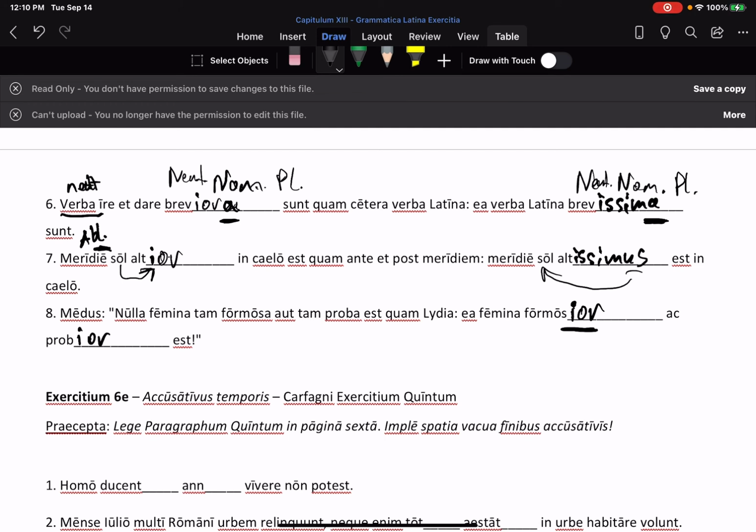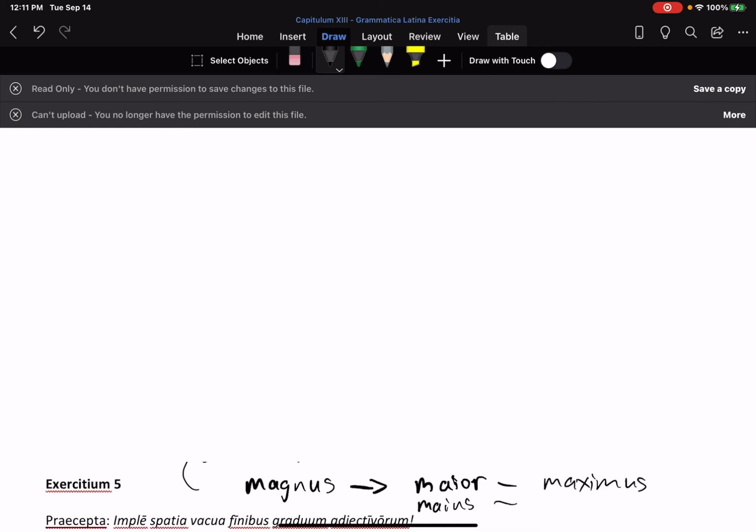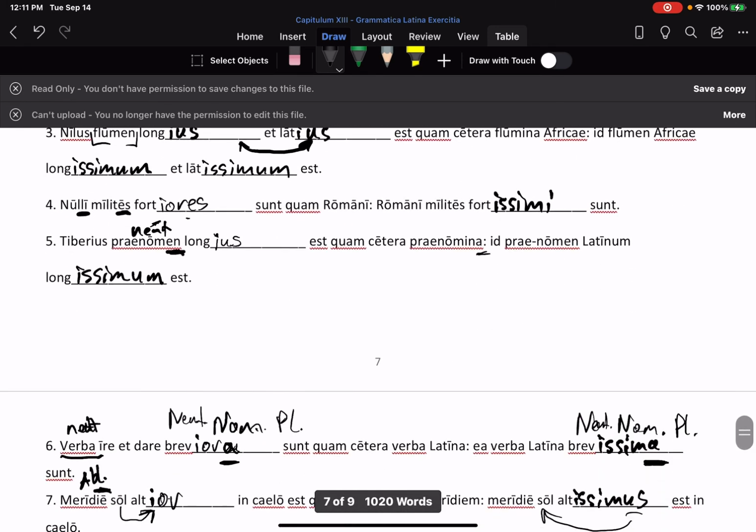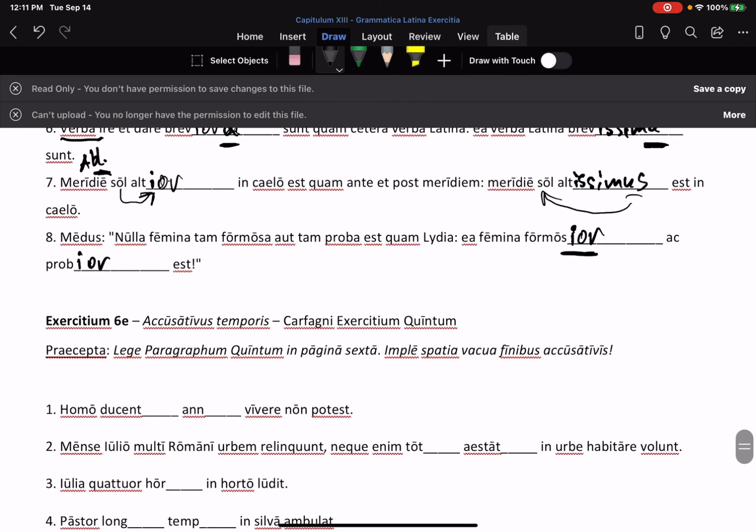So we could put that, but we could also put something else, right? Because we could say that she's formosior ac probior quam omnes aliae feminae. That's what I've put.